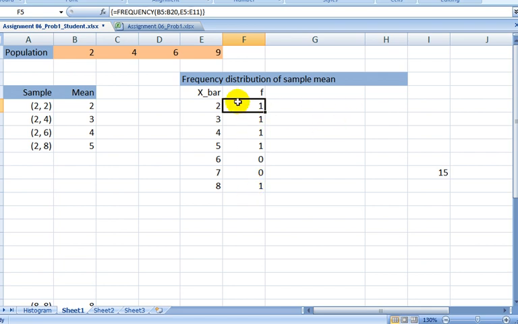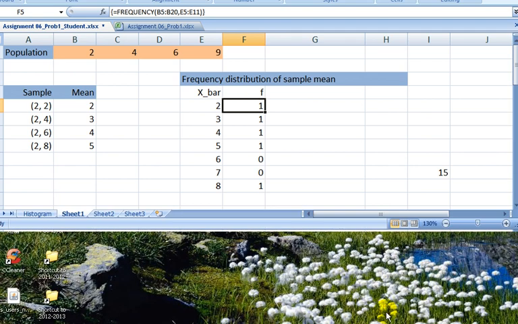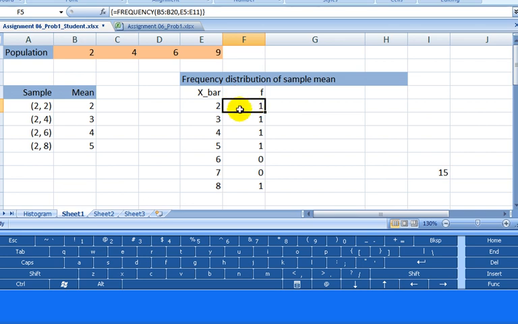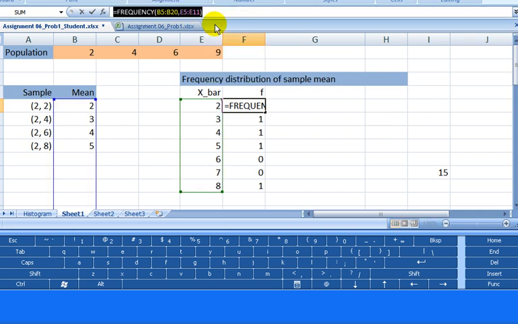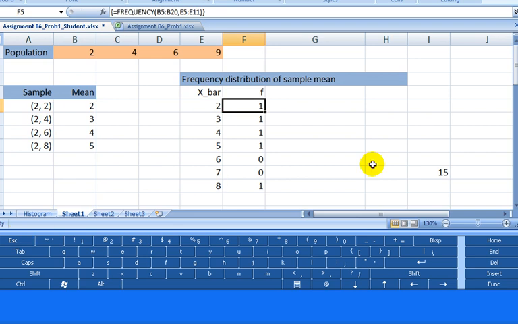If you wanted to manually put this in, here's what you can do. If you look at this cell here, I have a formula called frequency from B5 to B20, and the bins are E5 to E11. So if you want to do it from scratch, you can copy this one and paste it here. This number is not going to be right because I didn't fill out all the cells that are here.